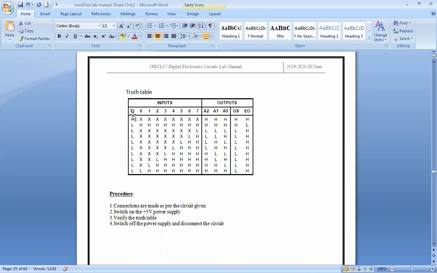Normally it should be high, but here we have everything low. It is because we have it in active low configuration.